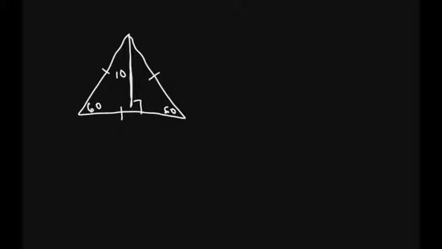And when I draw in that altitude, I take that 60 at the top and divide it into two 30s. So I now have a 30, 60, 90 triangle. If you remember what we just did, when we're doing a 30, 60, 90, we have S, 2S, and S square root of 3. So our longest leg there is S square root of 3.